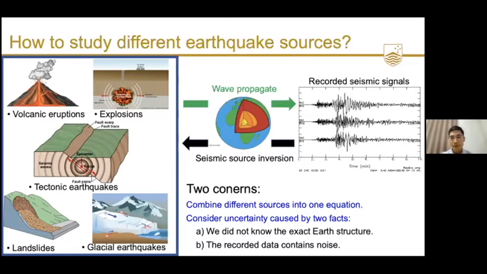To do that, firstly, we need to represent these different sources mathematically in a general way, and try our best to include all possible source types in one method. Secondly, analyzing the solution uncertainty is a leading-edge topic today, and the uncertainty can be caused by Earth structure error and data noise. These concerns are what we are trying to solve in this study.